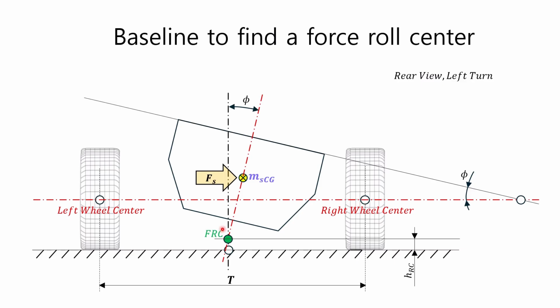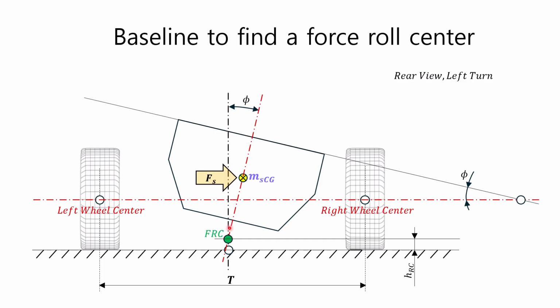The force roll center FRC shown in this figure represents the roll angle and the position of the force roll center when a large lateral force Fs is applied, which changes the arrangement of the suspension links and changes the track T. First, based on this state, the force roll center will be defined as a point on the line where the cross-section including the centers of the left and right wheels and the central longitudinal section meet.